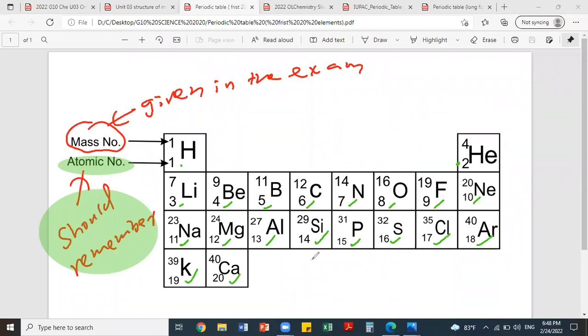These 20 you have to remember in increasing order of the atomic number.